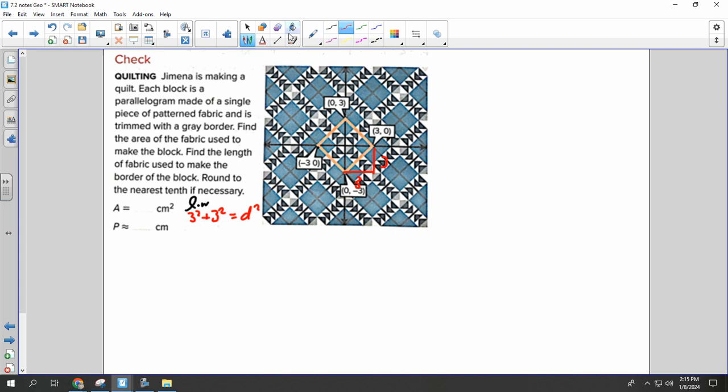So 3 squared is 9, so this would be 9 plus 9 equals d squared, which is 18 equals d squared, or d is equal to the square root of 18.